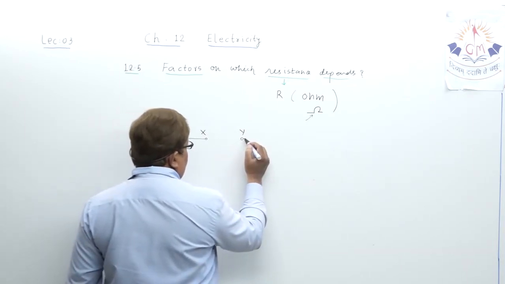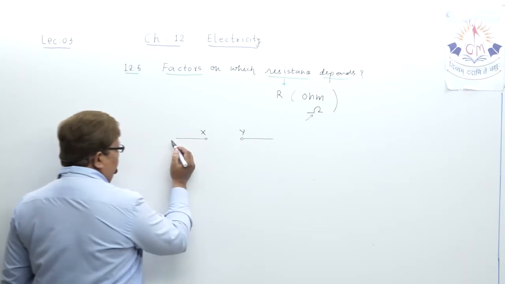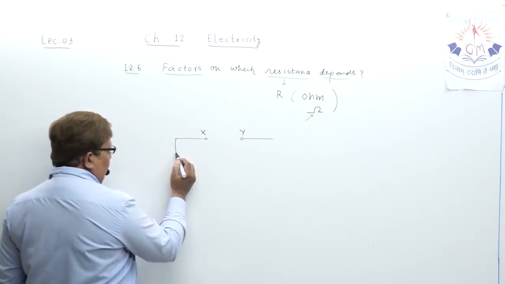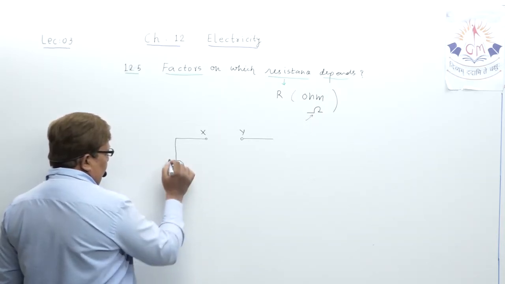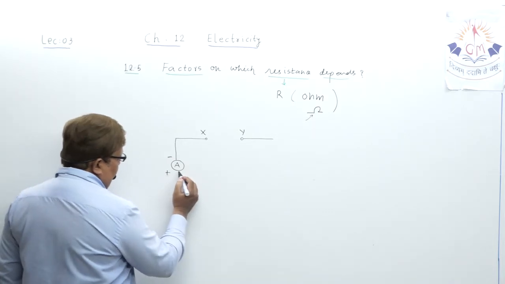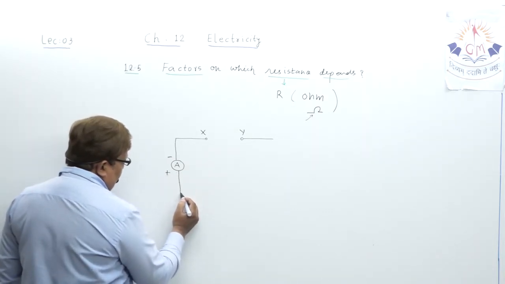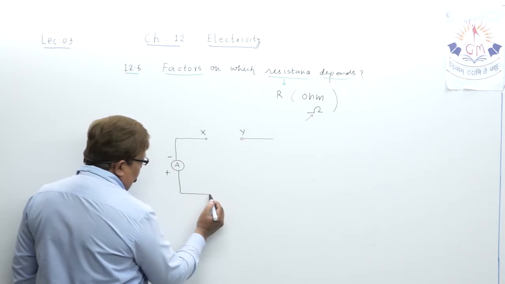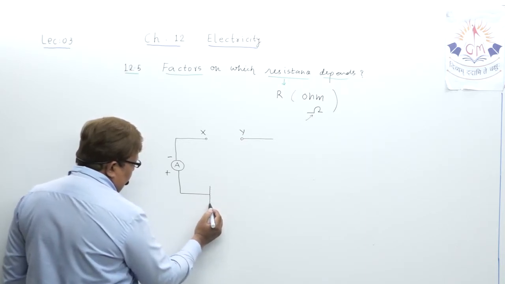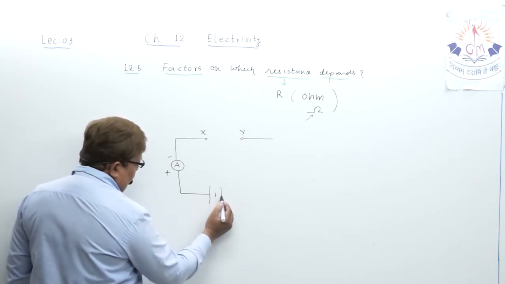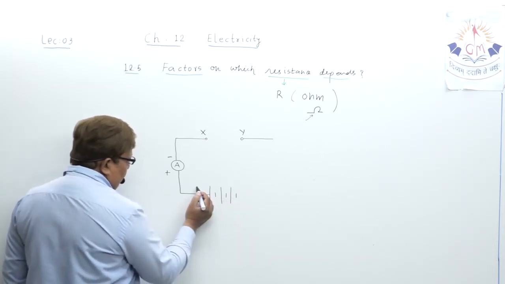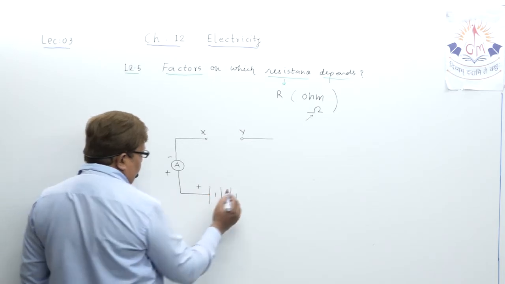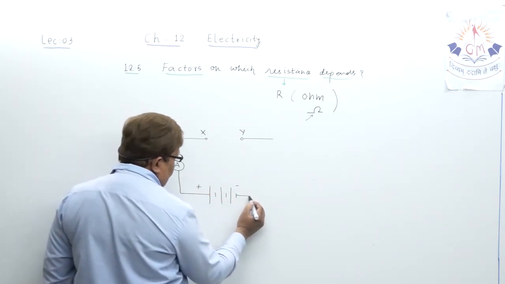And to measure the current, as I told you, an ammeter, this is positive and this is negative. And as an external source of electric current, let me show one battery. Battery means a series of cells, as you know. This is higher potential positive, this is negative, this is the battery.